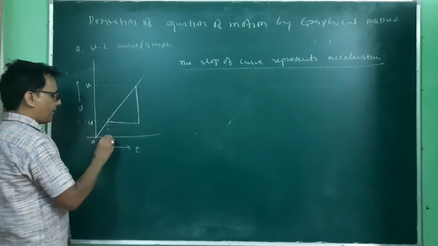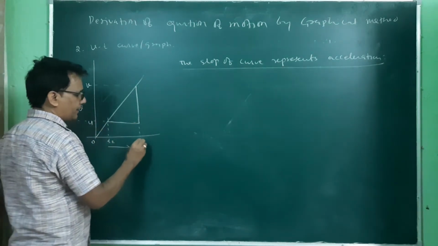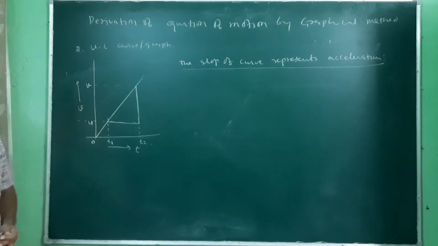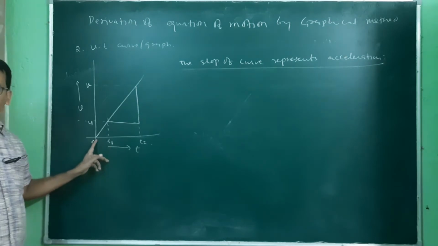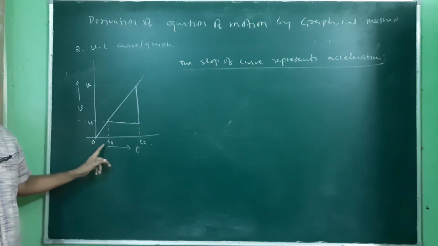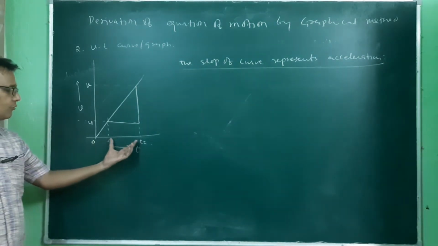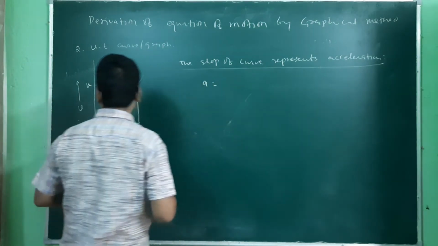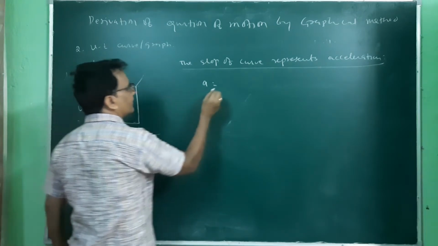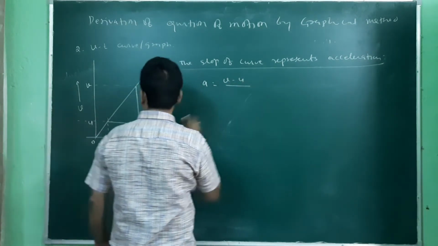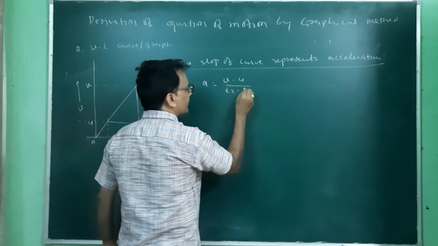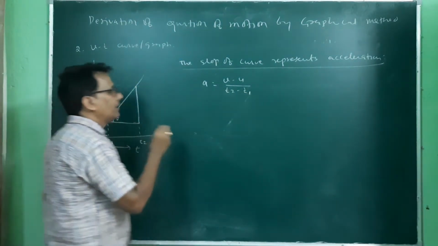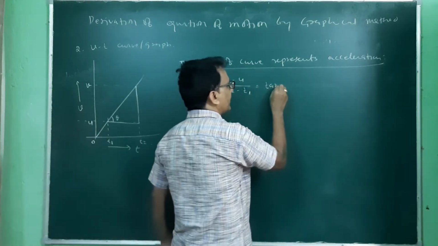This is t1 and this is t2. We can also start this t1 from here, and then we take t1 equal to 0. So this is t2 minus t1. The slope is represented as acceleration a, which is v minus u by t2 minus t1, and obviously this angle will be theta, and one can write this is tan theta.